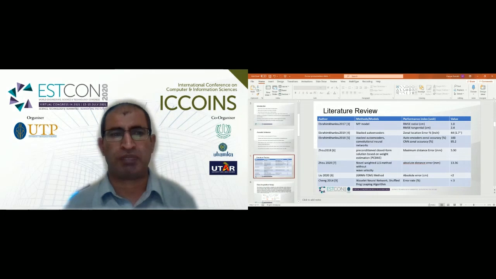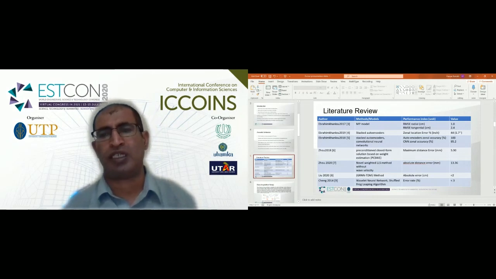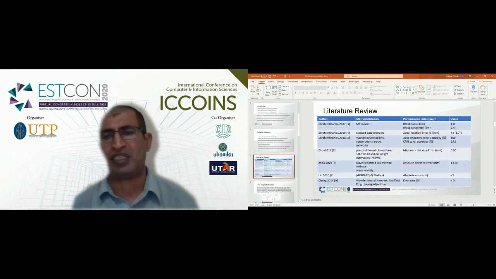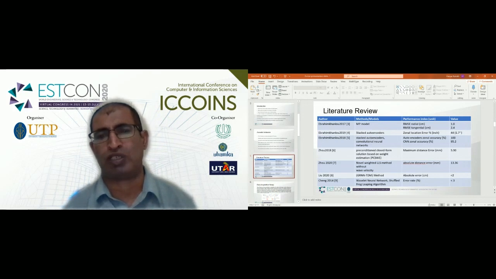Many researchers have worked in the field of acoustic emission. Ibrahim Khan used an MP model, and the performance index he used for finding the location of the defect was root mean square error, which for radial was 1 centimeter, and for tangential was 2.4 centimeter.